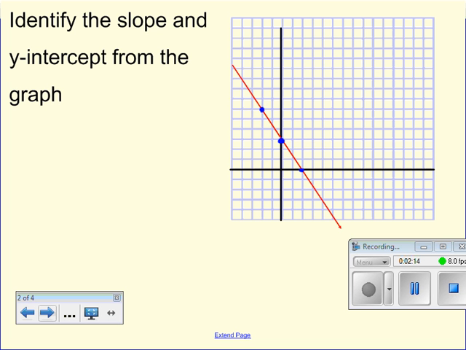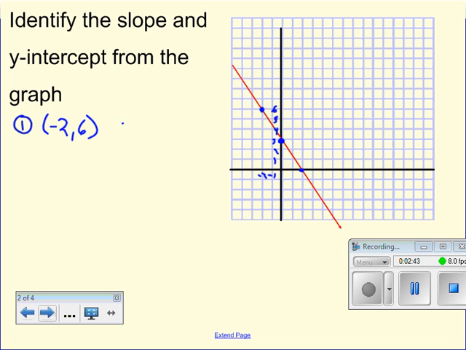So my first point, I want to identify one point, and I look here and it's -2 on the x-axis, and it's 1, 2, 3, 4, 5, 6 on the y. So I've identified one point for this line, and point 1 is going to be (-2, 6).